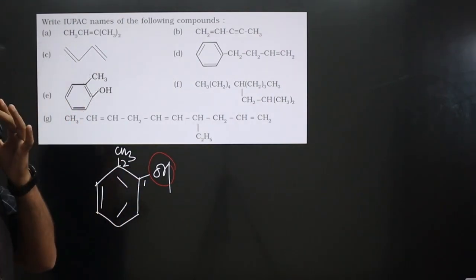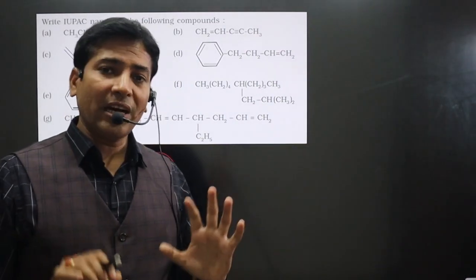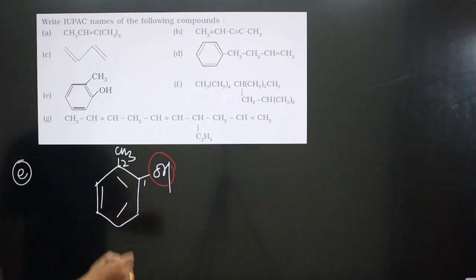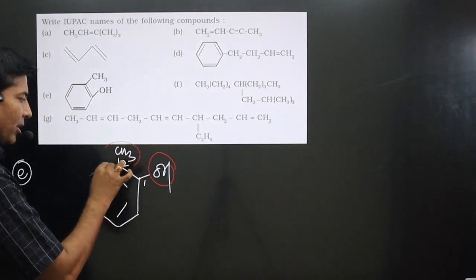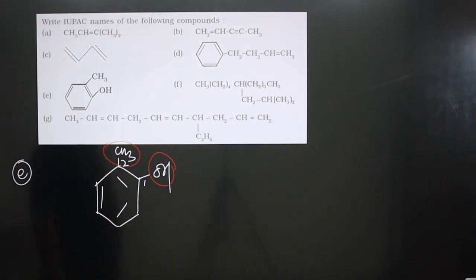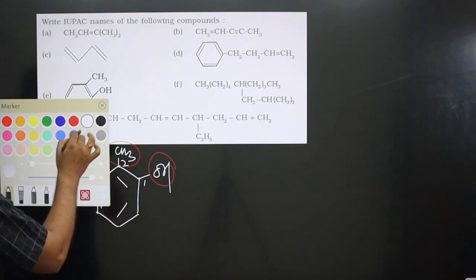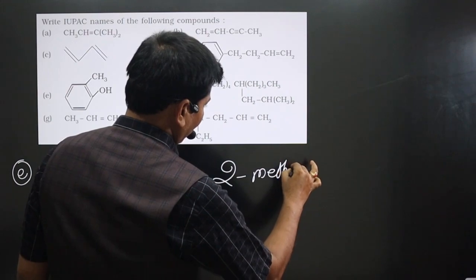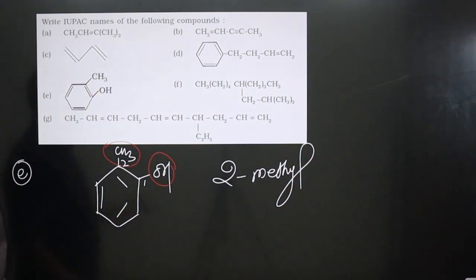Keep in mind, in aromatic compounds we can use the common name also. So you can see to the second carbon this methyl group is attached. So you can say 2 methyl. Branching is done.